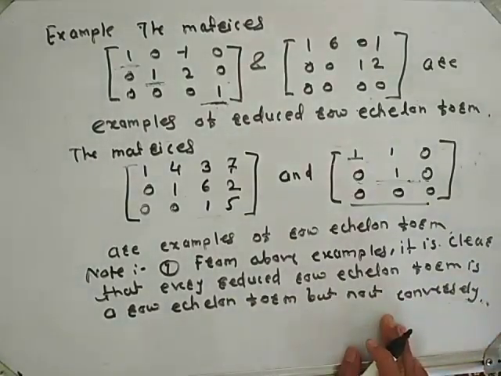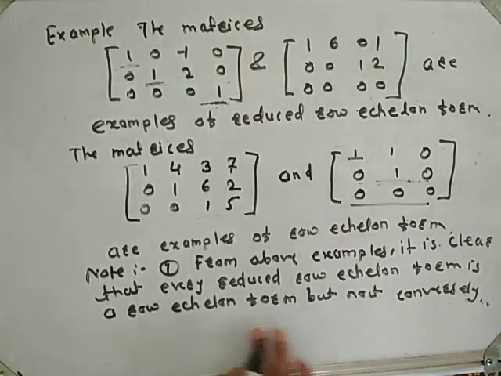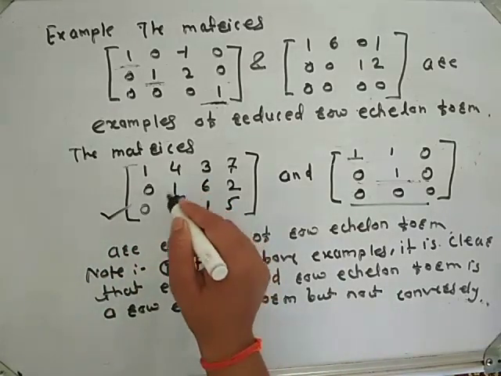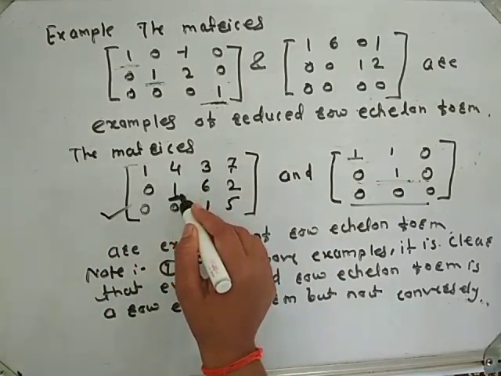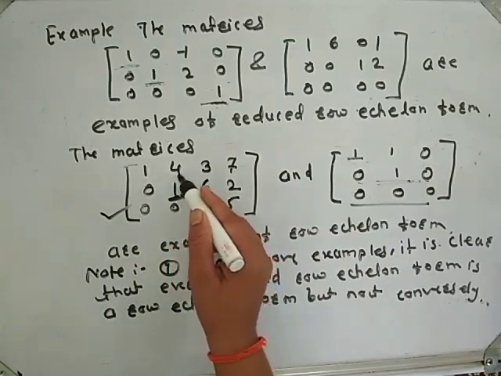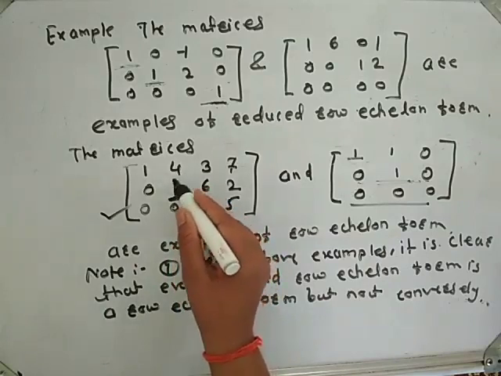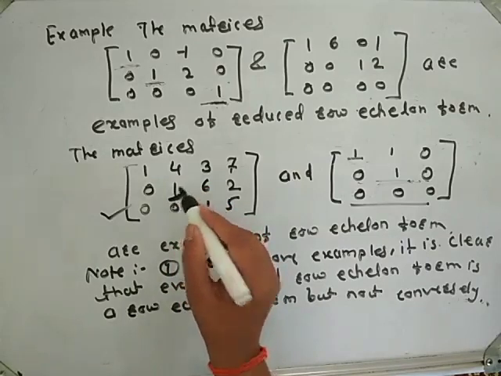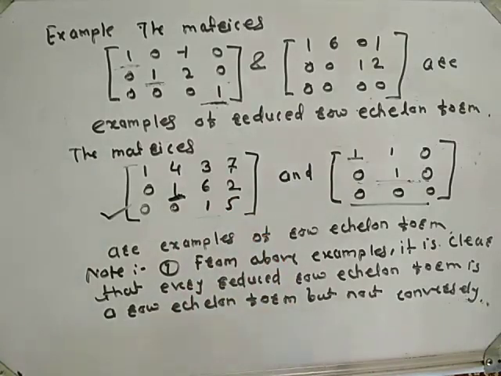Means what? Row echelon form is not reduced row echelon form. This is a row echelon form, but not reduced row echelon form. Why is this? Because this one is the leading one for this column, but this one is not the only non-zero entry in this column. That's why every row echelon form need not be a reduced row echelon form.